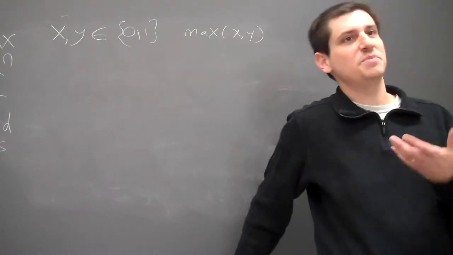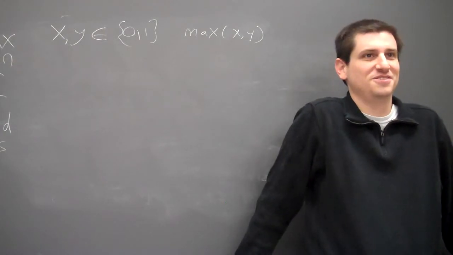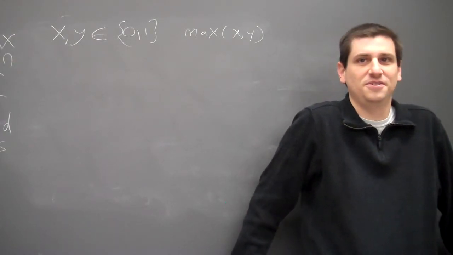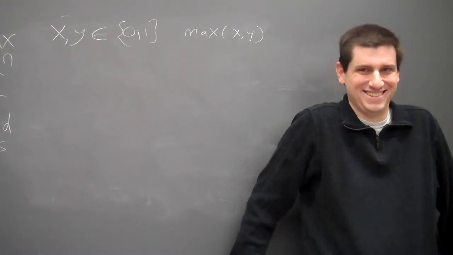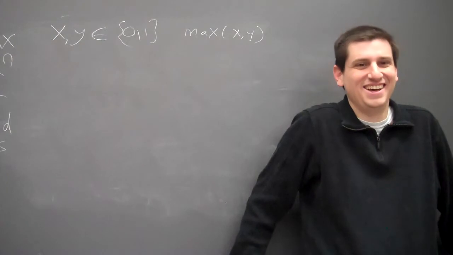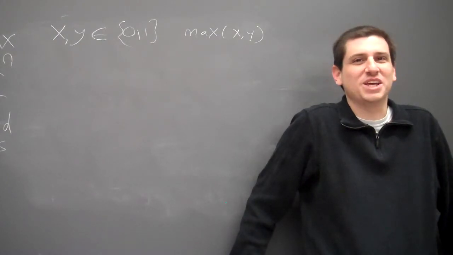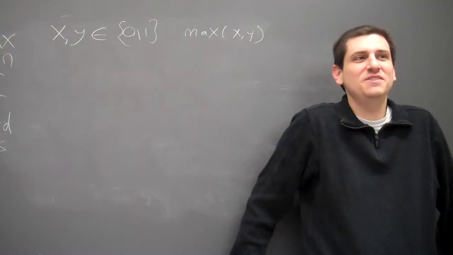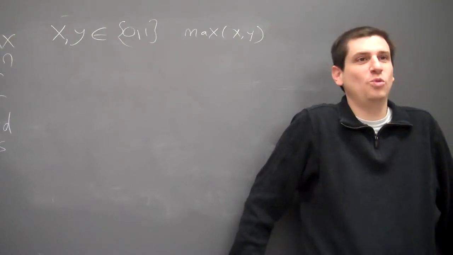So what does it mean to be the maximum of x and y? It's the bigger one. Okay. I was thinking a little bit more than that. What does it mean if z is the maximum of x and y? Unwind it for me.